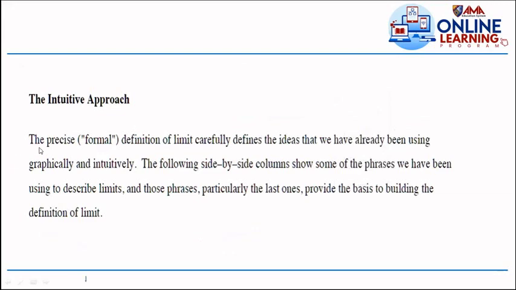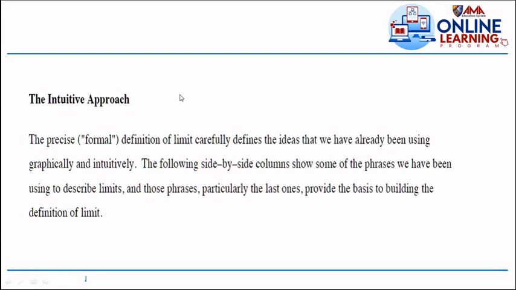It says here, the precise formal definition of limit carefully defines the ideas that we have already been using graphically and intuitively. The following side-by-side columns show some of the phrases we have been using to describe limits, and those phrases, particularly the last ones, provide the basis for building the definition of limit.